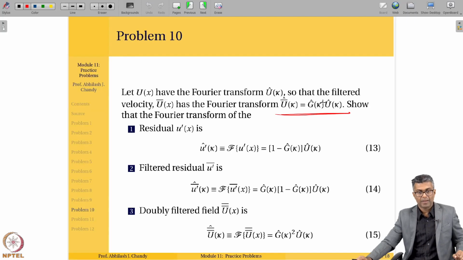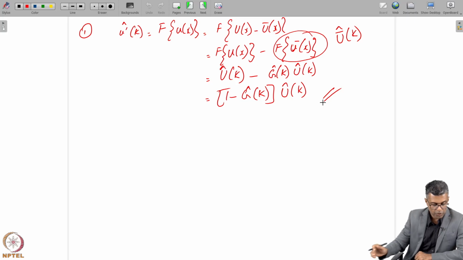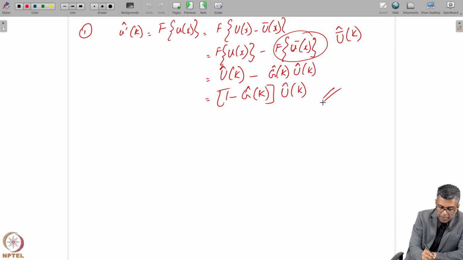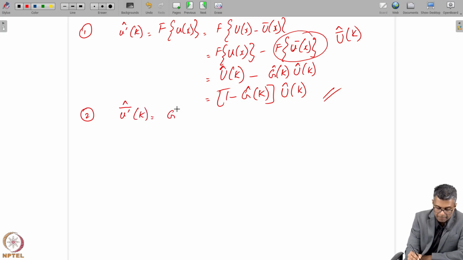Yes. Now we need to take the filtered residual. So this is the second part of the question, and the filtered residual, u prime bar filtered and then hat of that, a function of kappa, is essentially what?